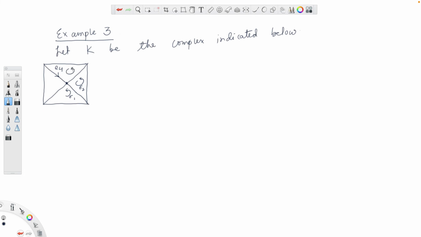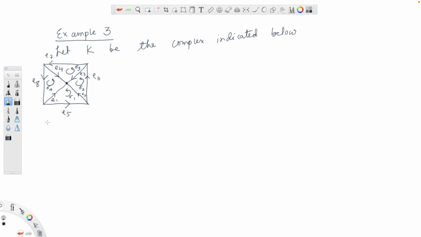Each of them is oriented counterclockwise. This is E1, this is E2, this is E3, this is E4, this is E5, this is E6, this is E7, and this is E8.